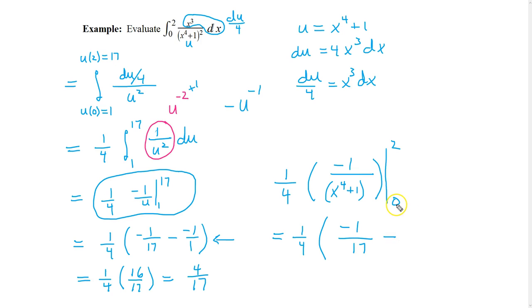And if we put 0 in for x, we're going to get 1 in the denominator, and we have that negative up there. And you see we actually get the same thing as we did over here. So sometimes you'll see textbooks or people go back to the original x values, and if you do that, you need to then use your original limits of integration.